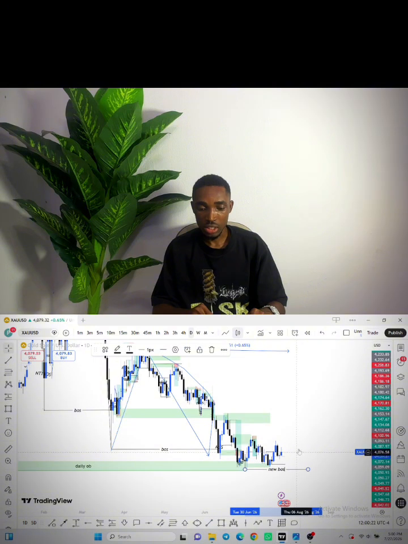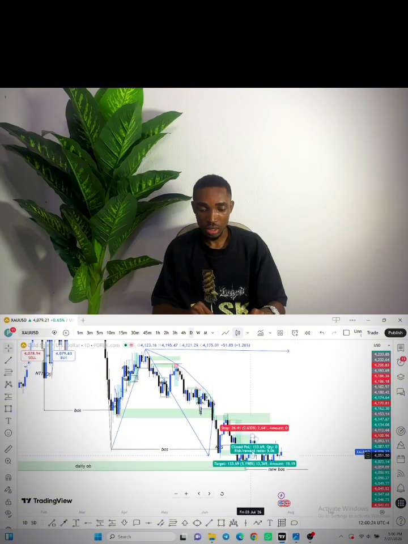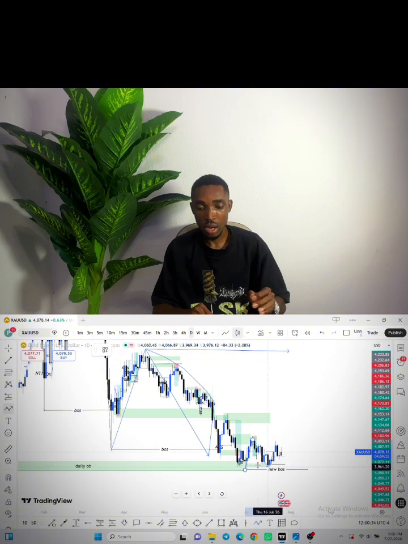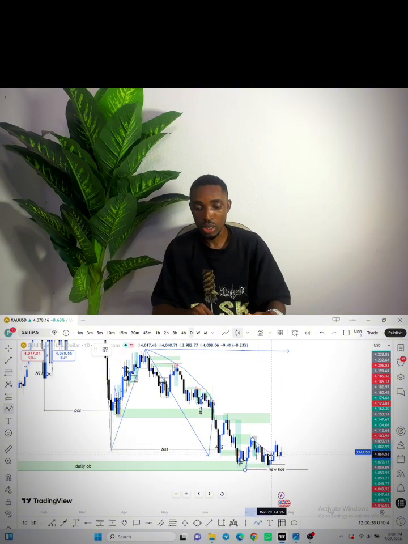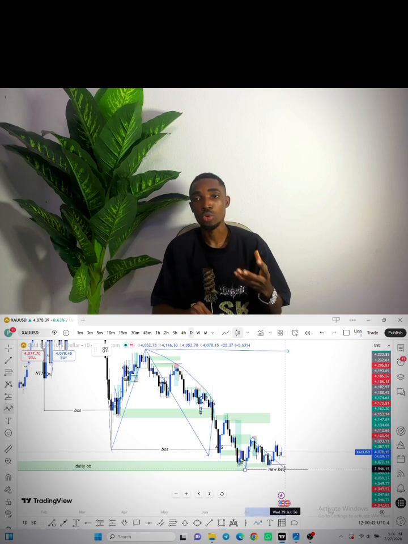This is the low that gave us this impulsive movement, this sniper entry that I caught here. So for gold to continue its bearish movement, gold has to take out this particular low to give us a new break of structure or a new lower low.